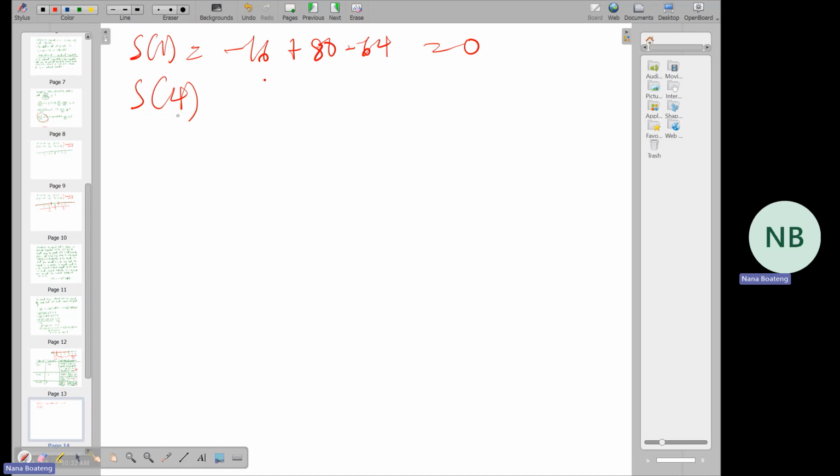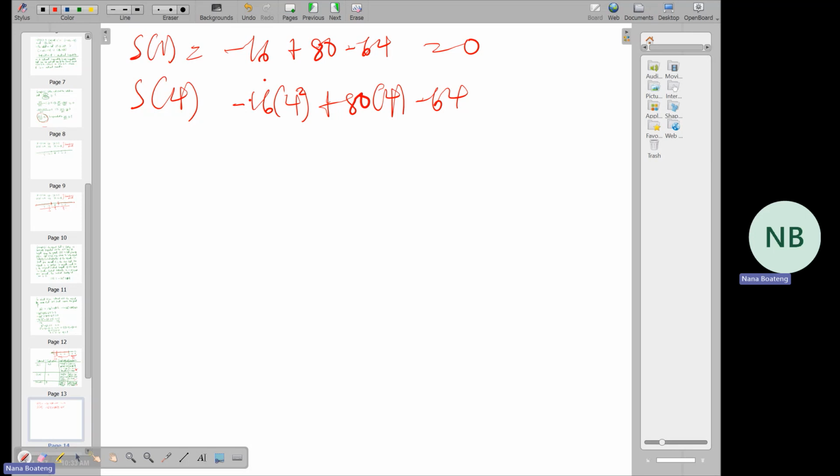S of 4 will be negative 16 times 4 squared plus 80 times 4 minus 64. So what would that give us?